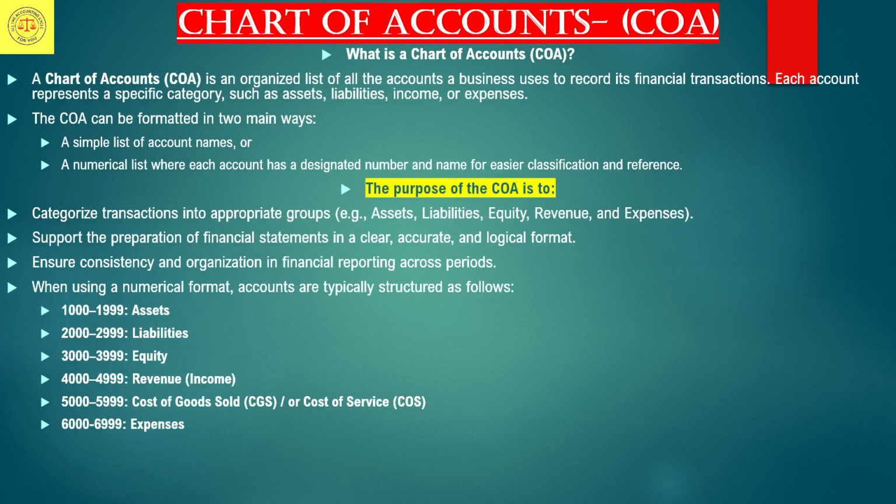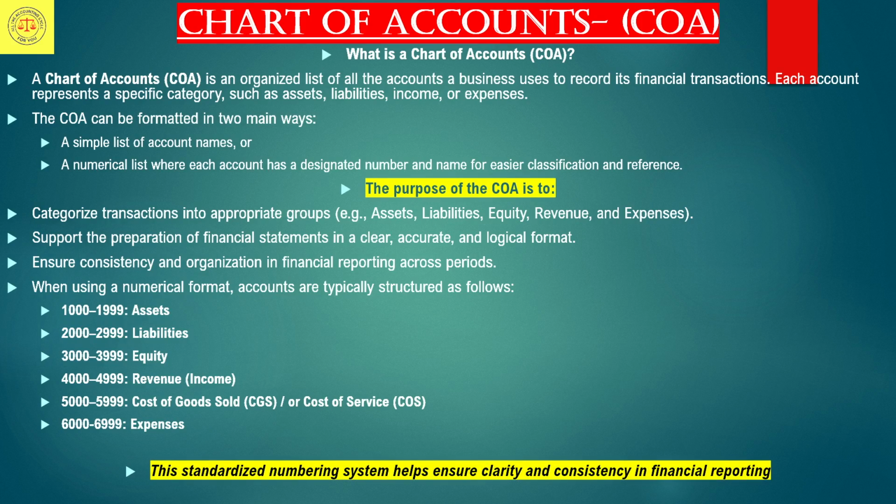Number 6 for expenses. So if you notice, in each group we can create 1,000 accounts. This is the standardized form, and every organization, every industry has their own regulations. So sometimes the chart of accounts has to be created for those regulations.